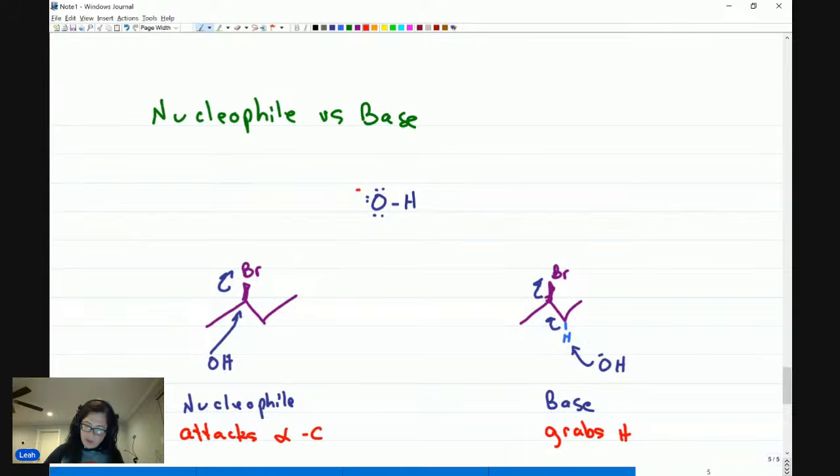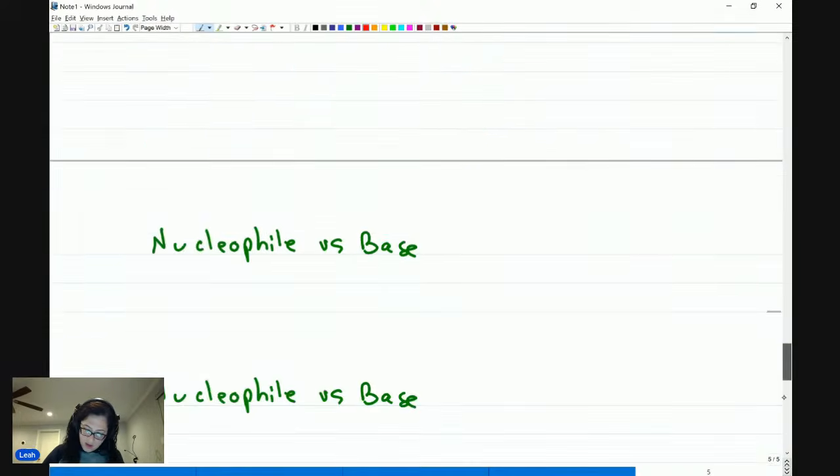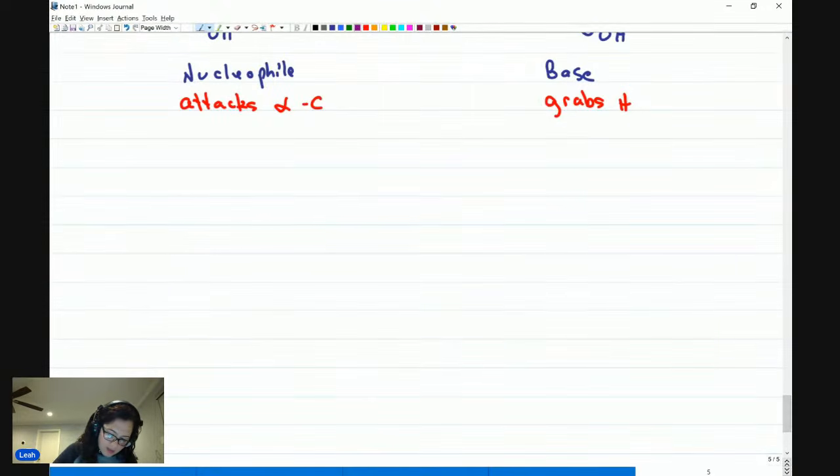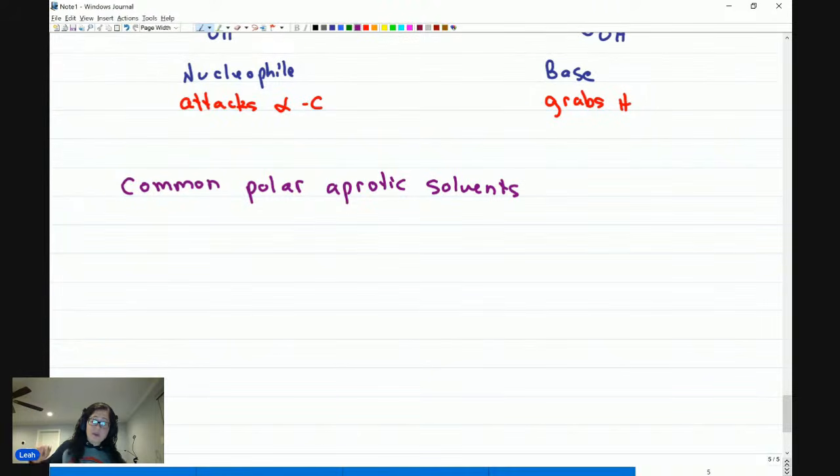Can you write them out? Yes, I can. Let's put them here. So these are the 5 common polar, they are all polar, but they are aprotic solvents. If you are taking an exam like the ACS, let me know in the comments if you are. You have to memorize and know what they look like.